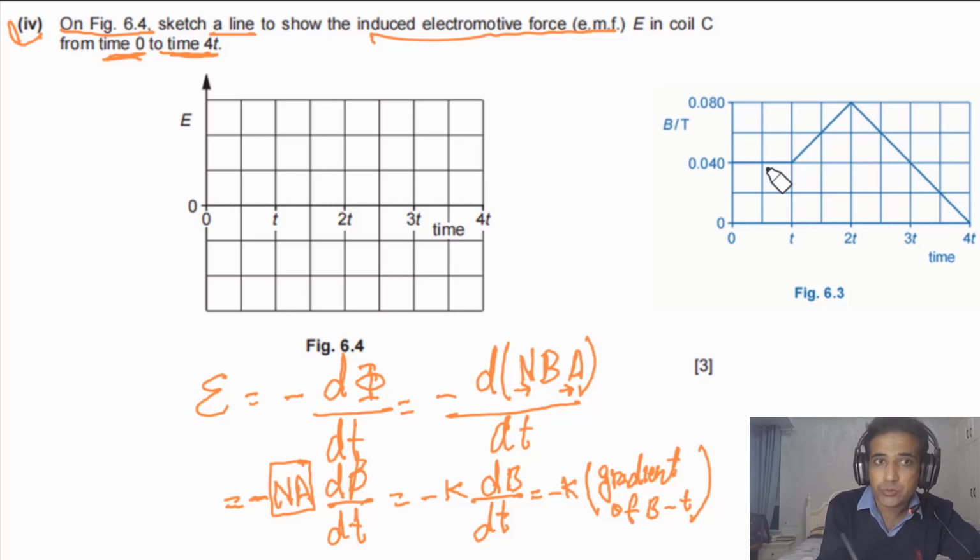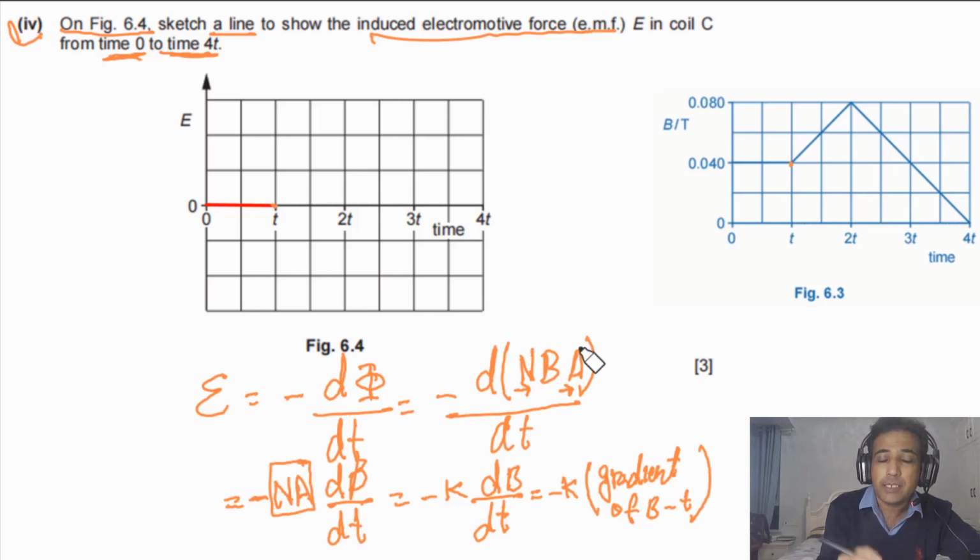That's all. So we need to look at the gradient of this. Here gradient is equal to 0. It means until t is equal to 0, from here to here, this value is equal to 0, because gradient 0 means EMF is equal to 0. Now if you look at the second part here, this gradient is positive, but here we have this minus sign.